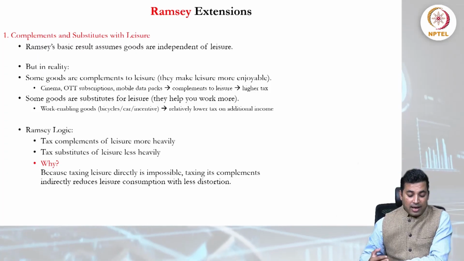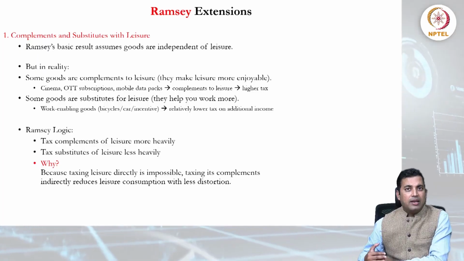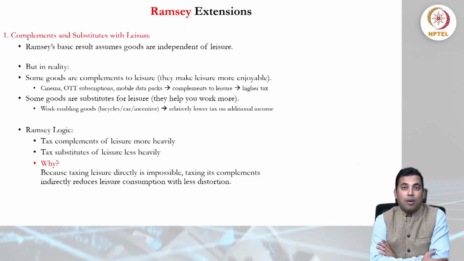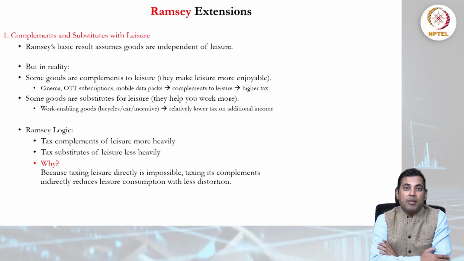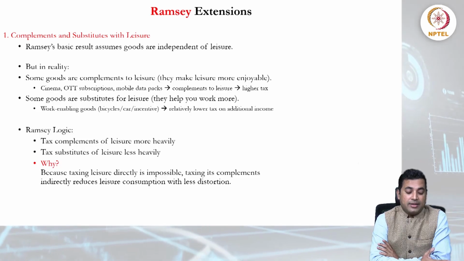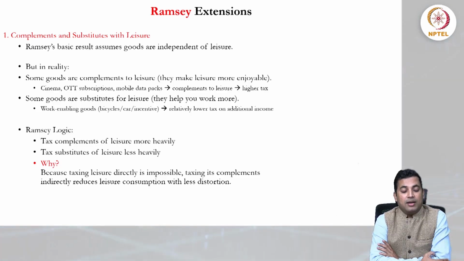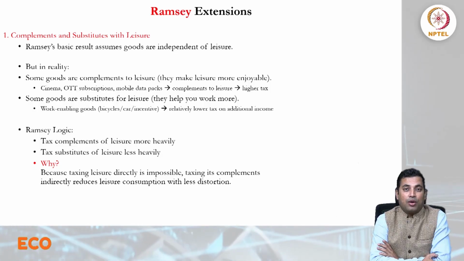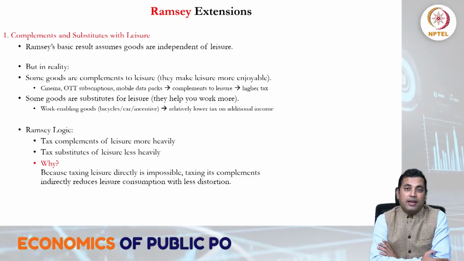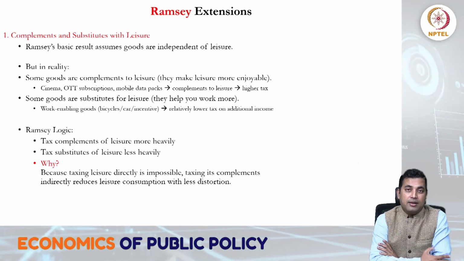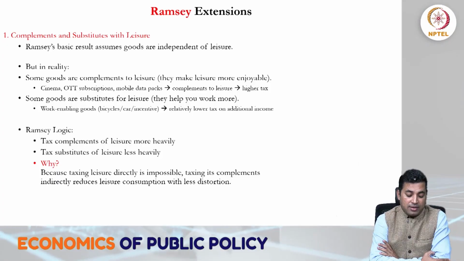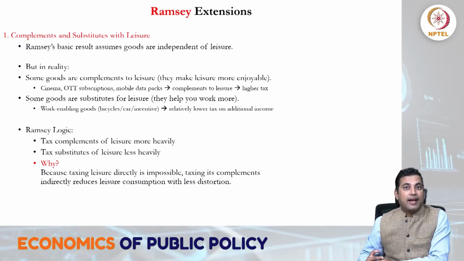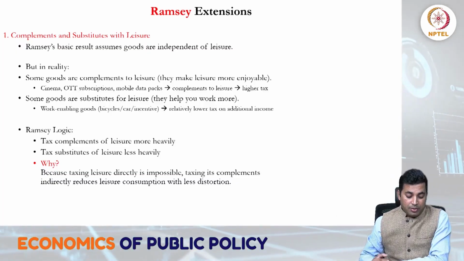Let us assume that some goods complement leisure and make leisure more enjoyable. Take the example of cinema, where we buy popcorn or beverages. Taxation on popcorn and beverages will be higher. That is how leisure can be quantified, and then taxation can be imposed.